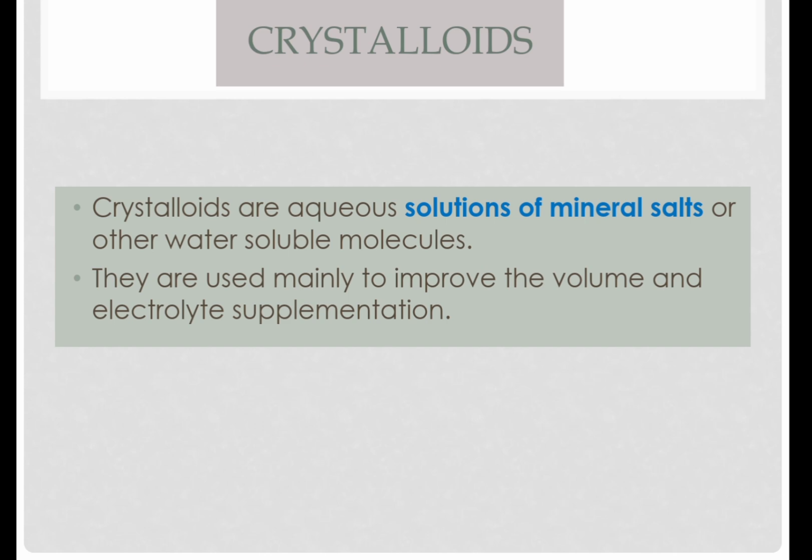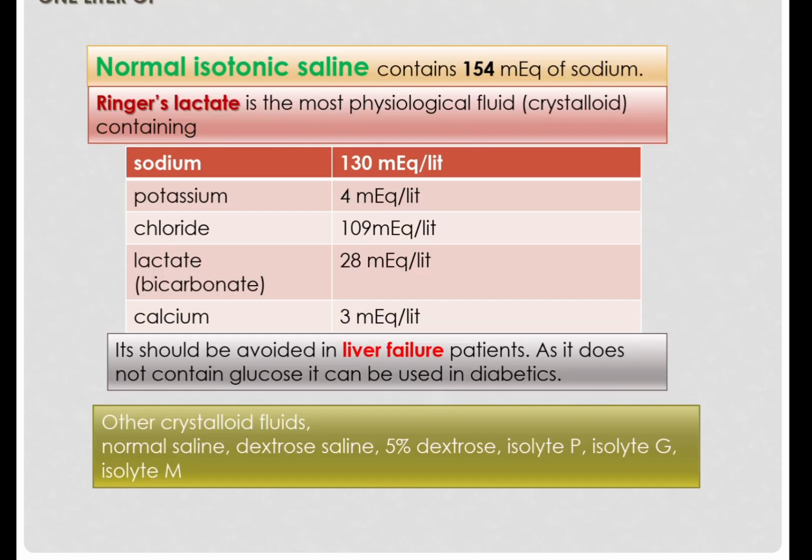So first of all, you should know what kind of fluids are crystalloids. Normal saline, Ringer's lactate, and other crystalloid fluids are dextrose saline, dextrose 5%, and Isolyte P, Isolyte G, and Isolyte M. These P, G, and M are not used in our Pakistan, and I haven't seen this type of practice.